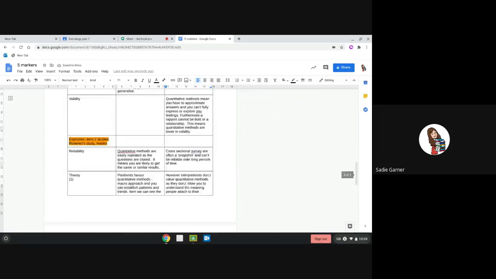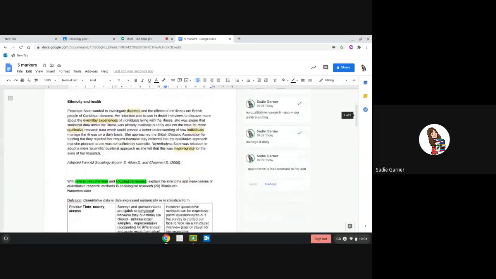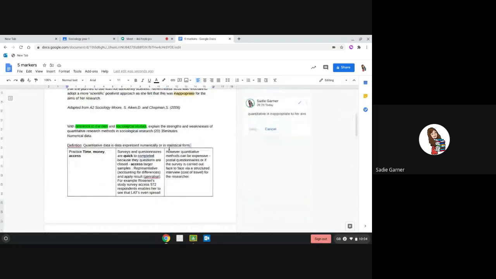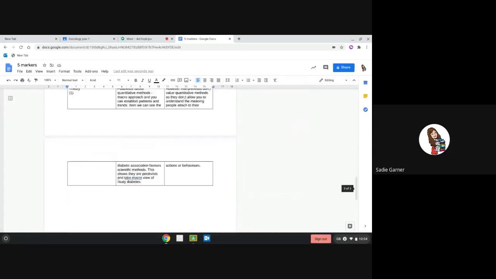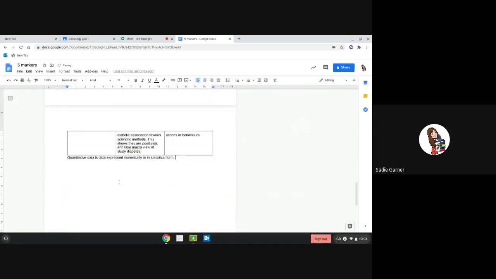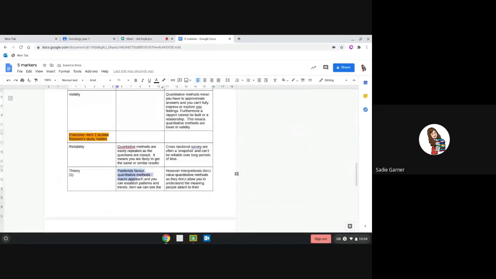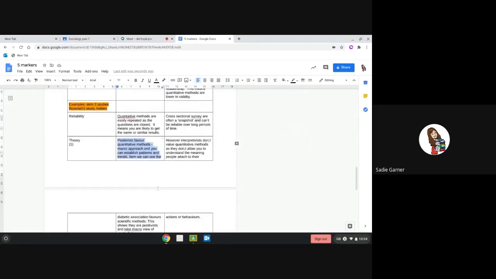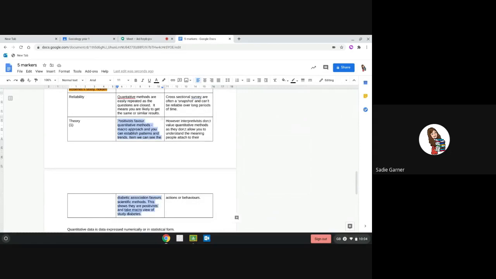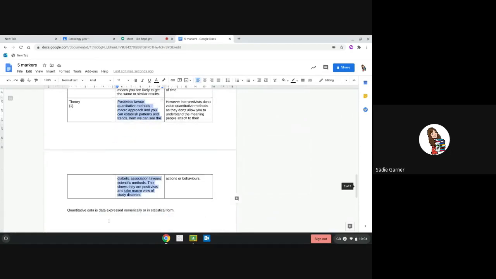Okay, so that's the plan, quite an extensive plan. But when I come to write it, I do my definition. Theory comes next. So I'll do my strengths and my theory and my weaknesses together as a paragraph.